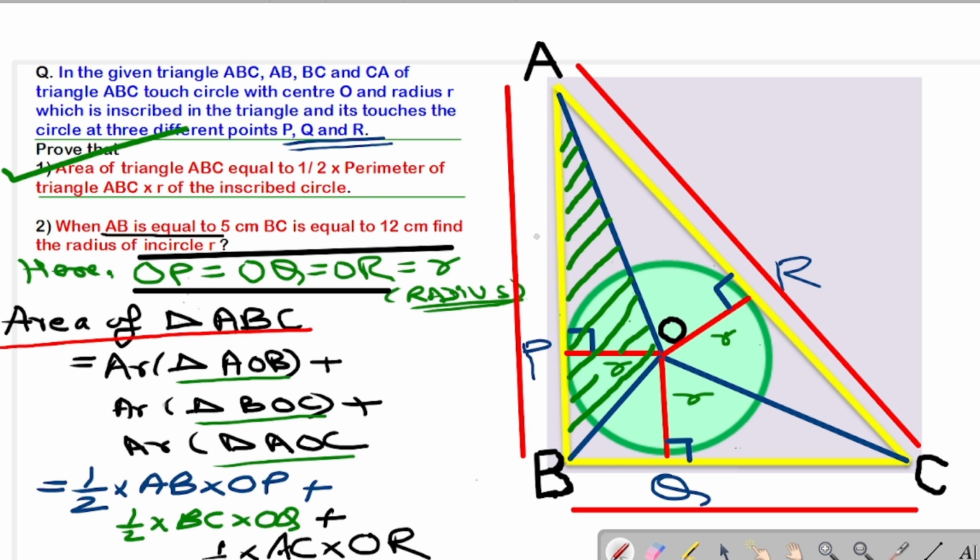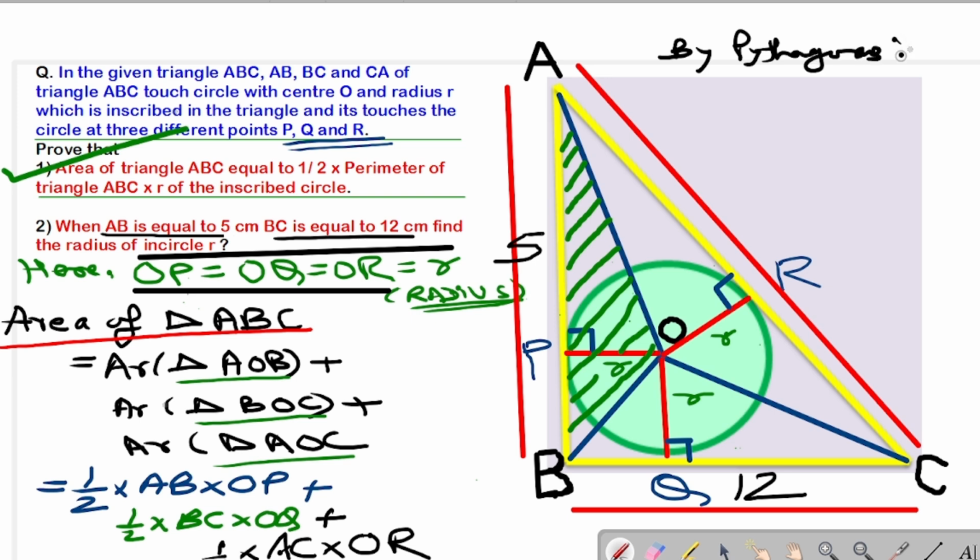Since AB is equal to 5 centimeter, we can write AB as 5 along the side of triangle ABC. Now BC is equal to 12 centimeter, writing BC here as 12.